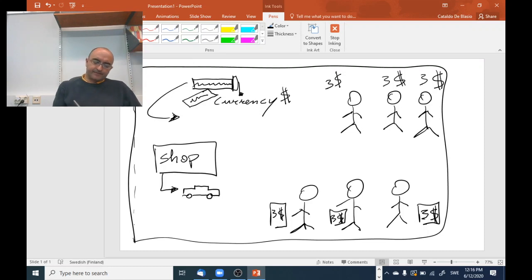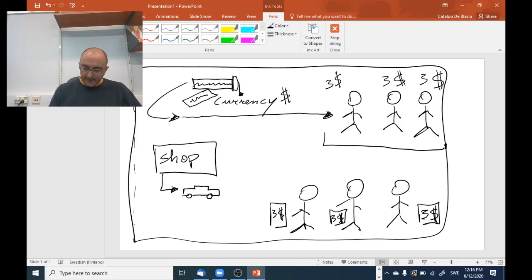So the bank is giving funds only to these three persons here, and let's assume that it's giving $10, and this would be 13, 13, 13.